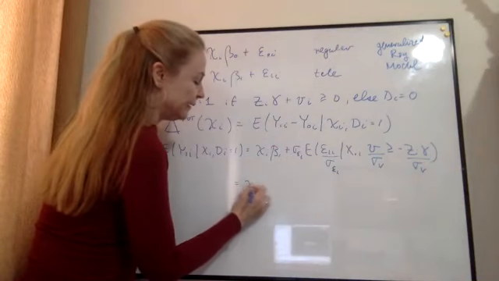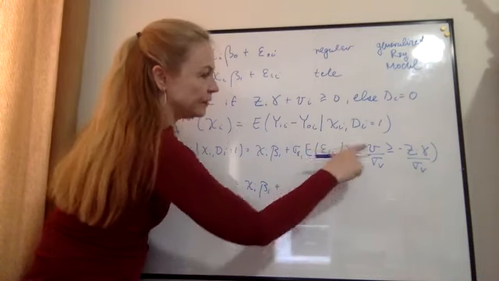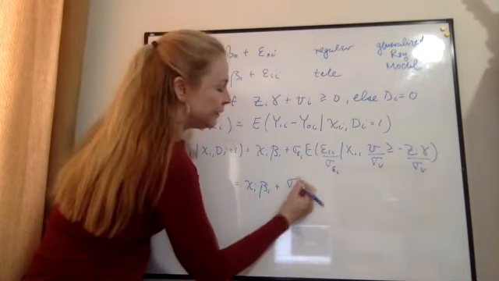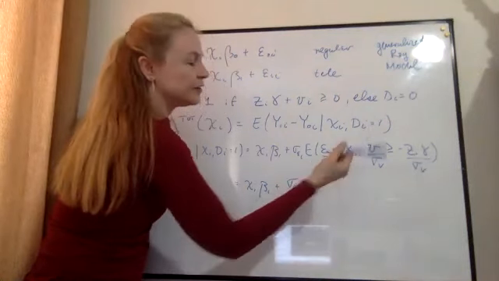So it's X_i beta 1 plus, so this is going to be sigma epsilon 1 V. It's a covariance because they're all mean zero.